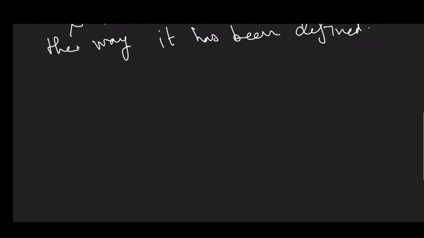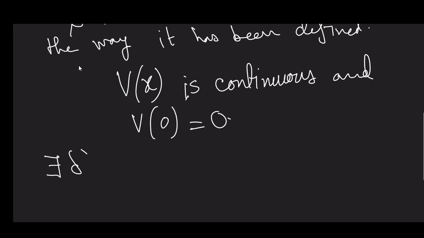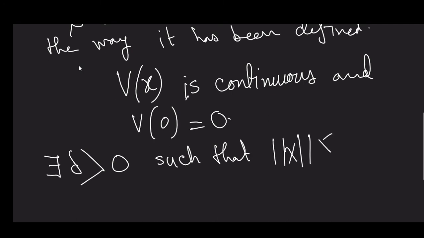So as Vx is continuous and V0 is equal to 0, there exists delta greater than 0 such that norm x less than or equal to delta implies V less than beta.